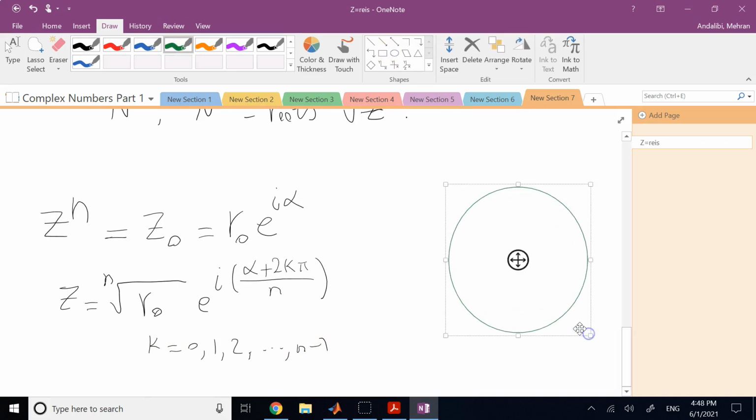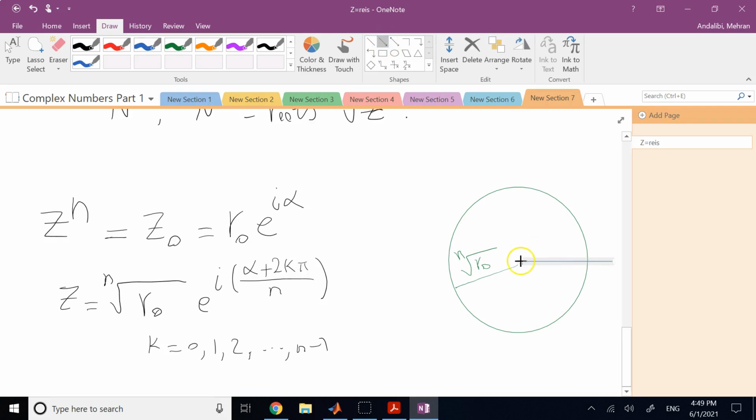So they say the n solutions here are on a circle, where the radius of the circle is the nth root of r naught. That's the radius of that circle. And then the angles, so here I'm showing those n roots in the polar format.